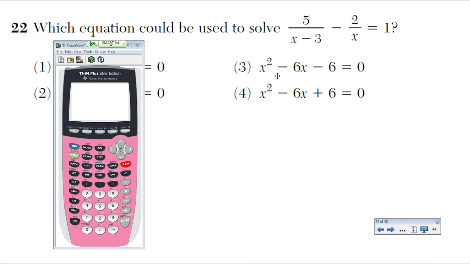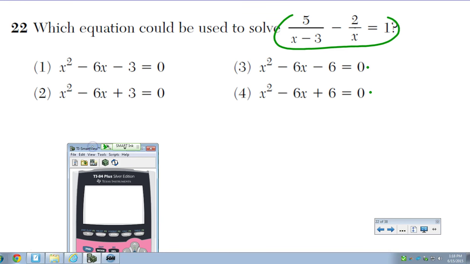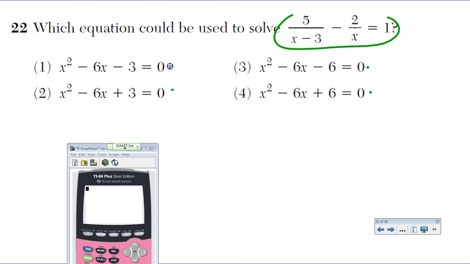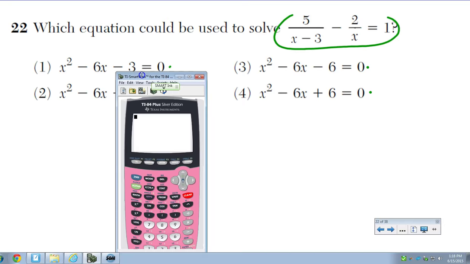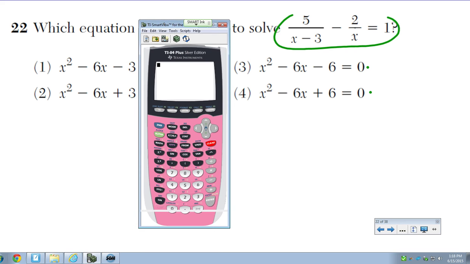So the answers to this, whatever they are, would have to be the same answers that check in one of these. So if I can first find out what the answers are, then I can just check them in each of the 4 choices, and whichever one checks out would be the answer.